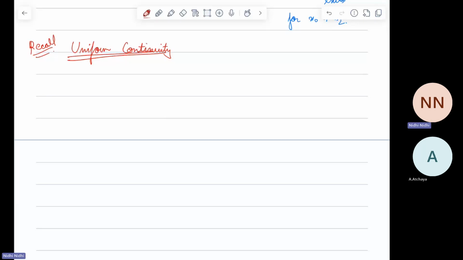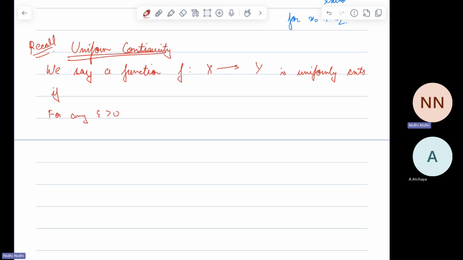So we say a function f, defined from X to Y, X and Y some subsets of R, is uniformly continuous if for any epsilon positive there exists delta positive such that mod f(x) minus f(y) is strictly less than epsilon whenever mod x minus y is less than delta.